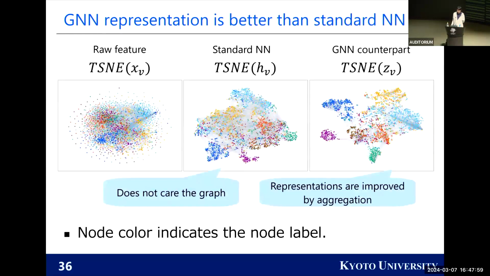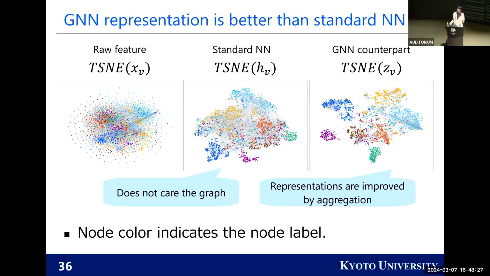And this is the result for this example. The left panel shows the visualization of raw features. We applied t-SNE to the raw feature X_V. And this shows that the embeddings are very noisy and messy, and it does not care about graphs at all. And in the middle panel, we showed the t-SNE of H_V.